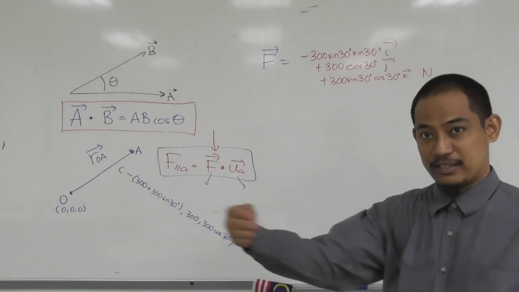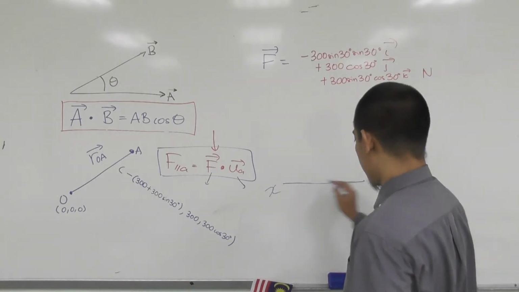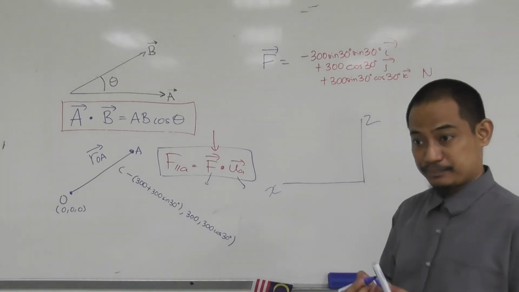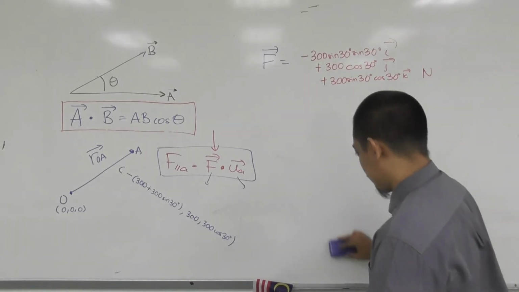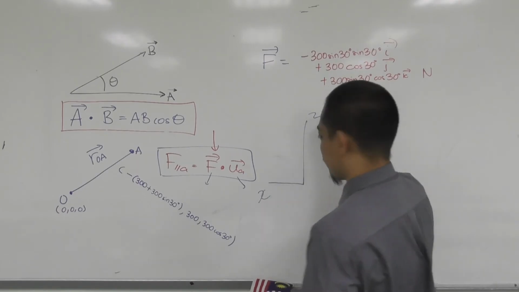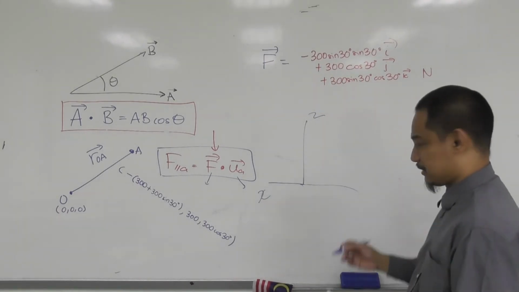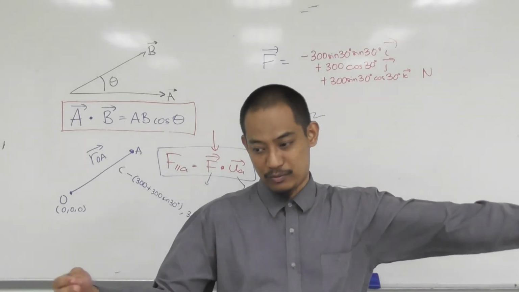So if you look from that side, you'll get x-axis like this, z-axis like this, right? Okay, let me redraw. So you have x-axis and z-axis like that, right? And this is the negative x-axis, because if you look from that side, x is to the left, right?